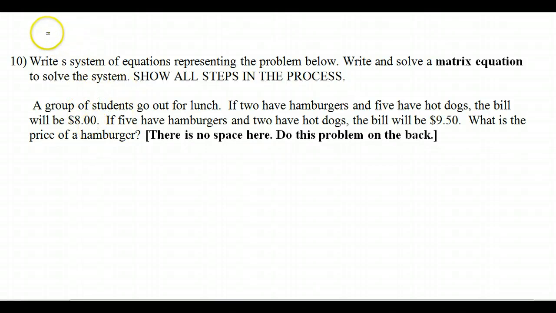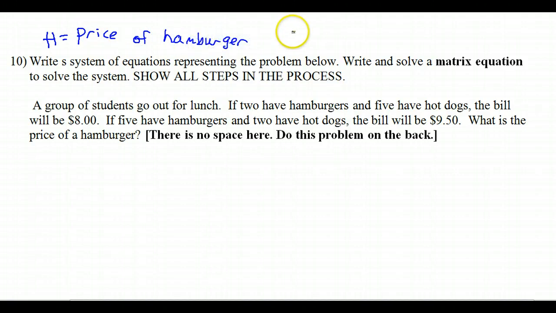Okay, so we will use H to represent the price of a hamburger, and we will use D to represent the price of a hot dog. Obviously I'm using D for dog.